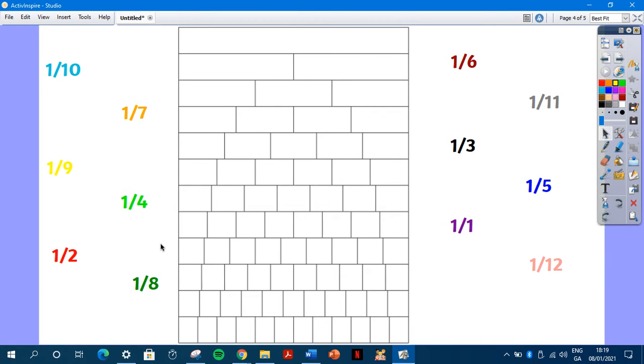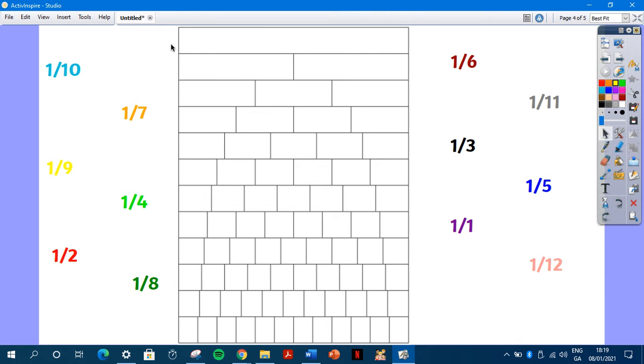So we've got 1 over 7, 1 over 1, 1 over 12, 1 over 11, 1 over 9, and 1 over 2. Okay, so let's look at the first row. So this is one full line. How many pieces do we have in just this one? We have 1.